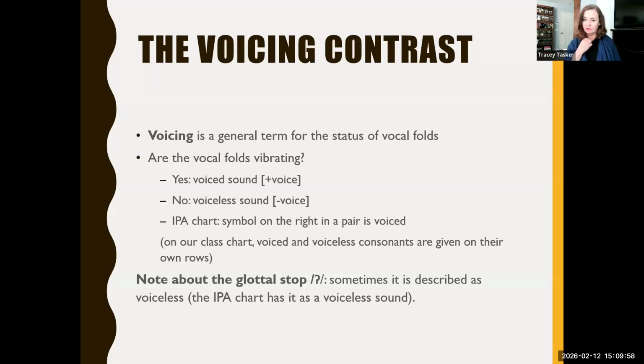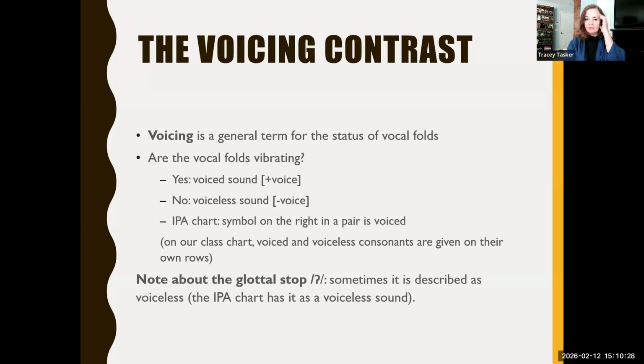In consonants, however, there is often a voiceless and a voiced pair. So, for example, p is a voiceless sound, but b is its voiced counterpart. Okay, and a good way to remember these is to memorize them as pairs, rather than trying to learn them independently.